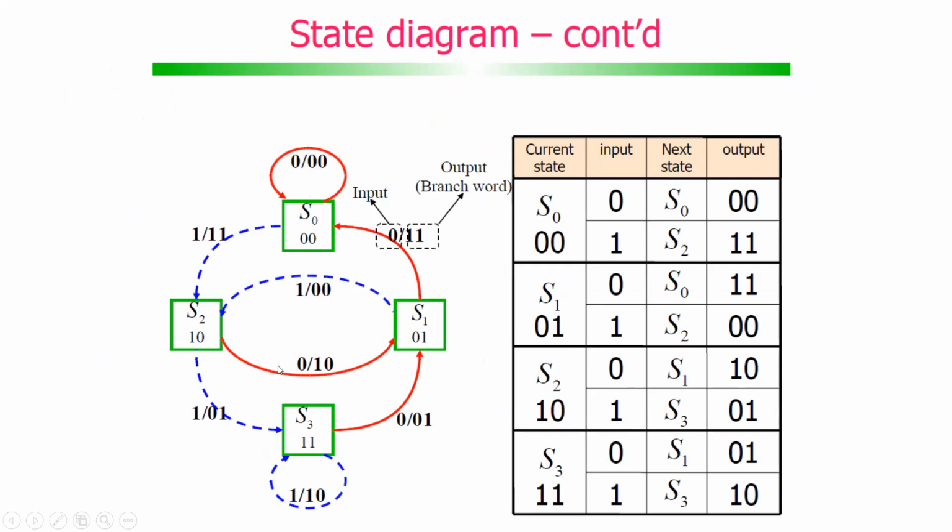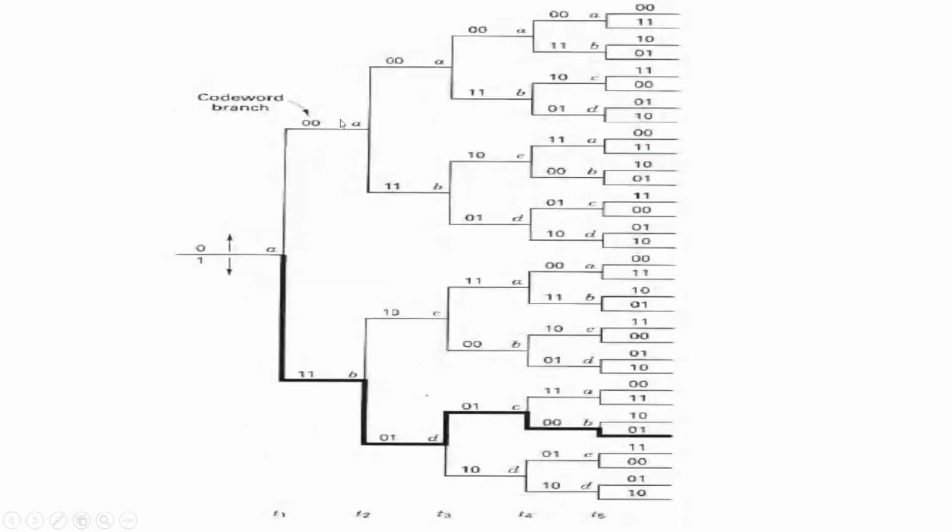The problem with the state diagram is that it does not contain any timing information. So the structure that can be used to represent the timing information is the tree structure. But there is a problem with the tree structure, that it expands to a huge structure as we move along with time. So what is the remedy? The remedy lies in the tree structure only.